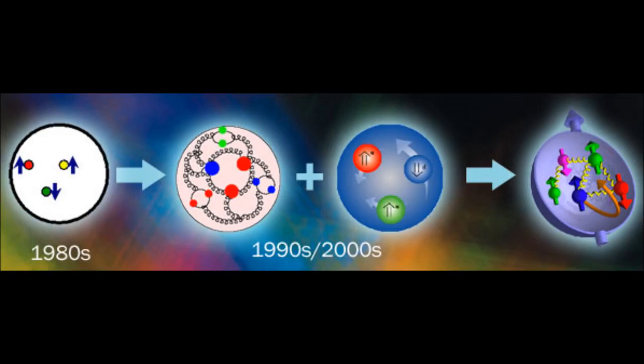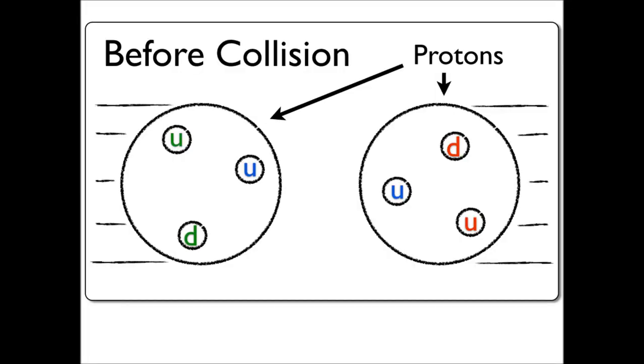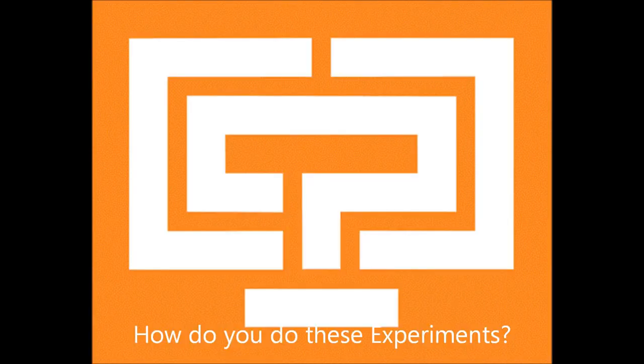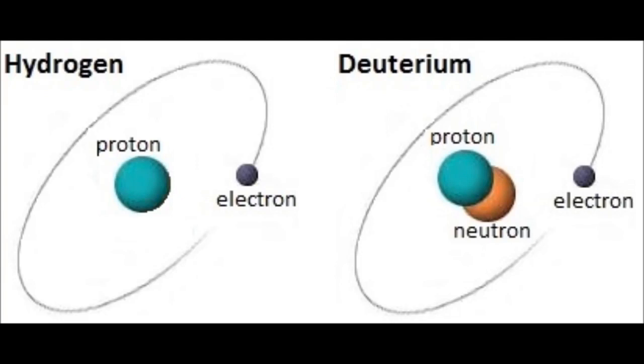One way to try to solve these things is to find out what kinds of forces there are between particles, is to hit them together and see how they bounce away from each other. By seeing how they bounce away from each other, we find out what kinds of pushes and pulls there are between them. How do you do this experiment? We take a proton, and we can get a single proton because that's just the nucleus of the atom of the lightest form of hydrogen, of weight 1.